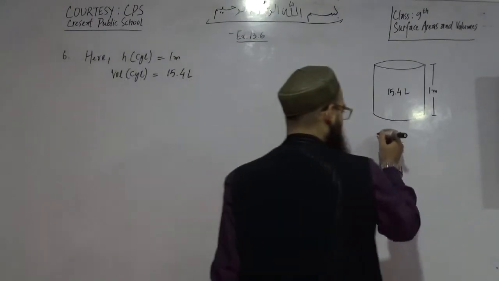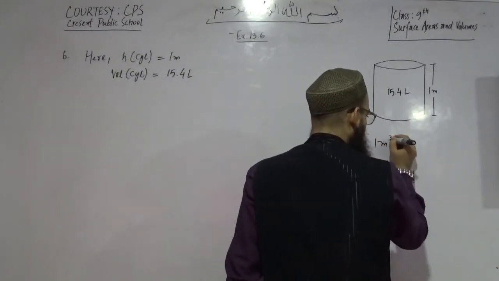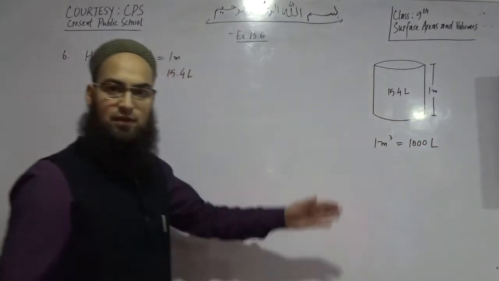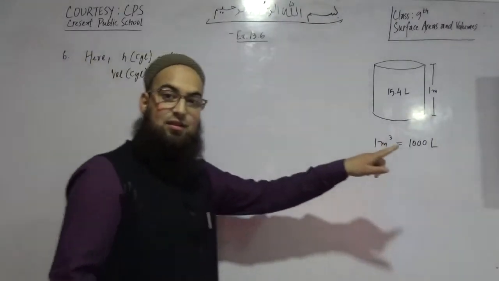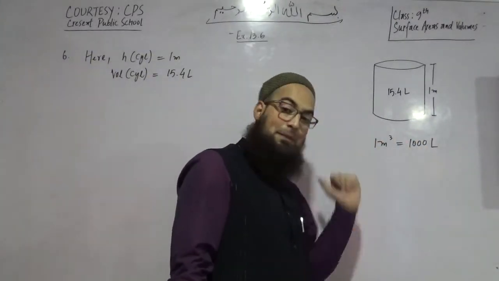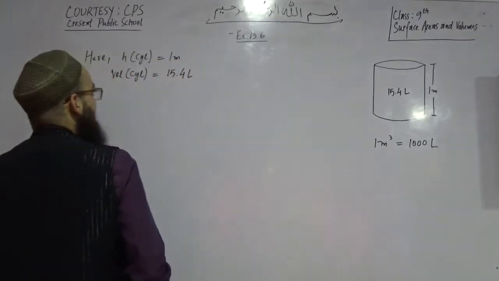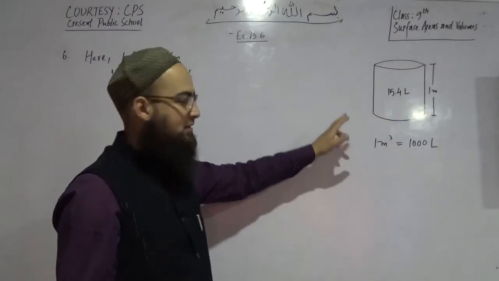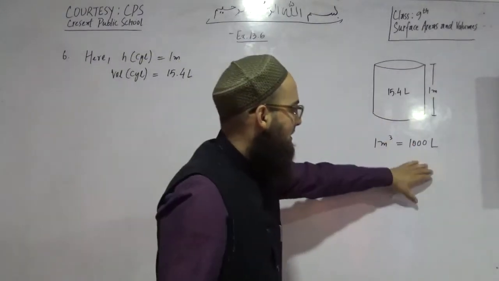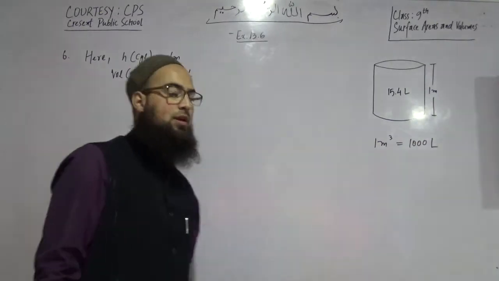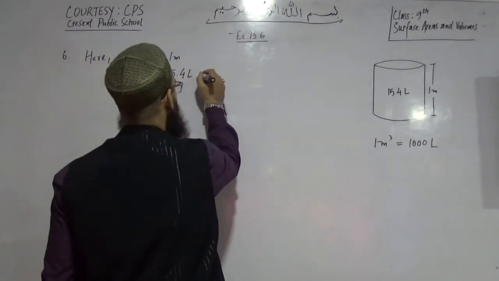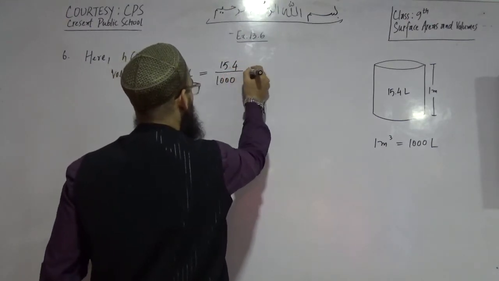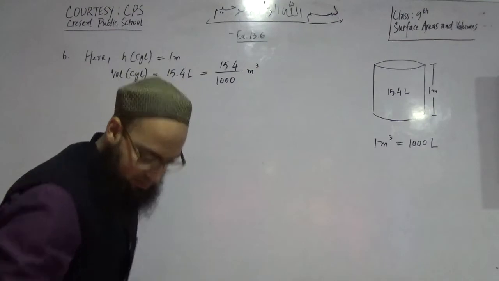You know the conversion. 1 cubic meter is equal to 1000 liters. So that means 1 liter is equal to 1 by 1000 cubic meters. So this much liters is divided by 1000. Now you are in cubic meters. Got it?